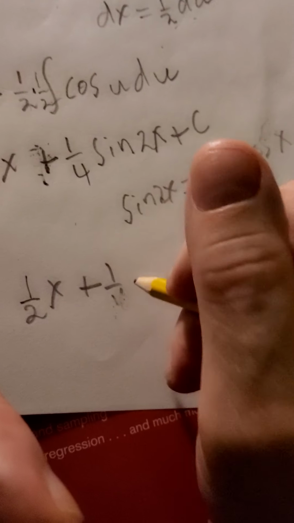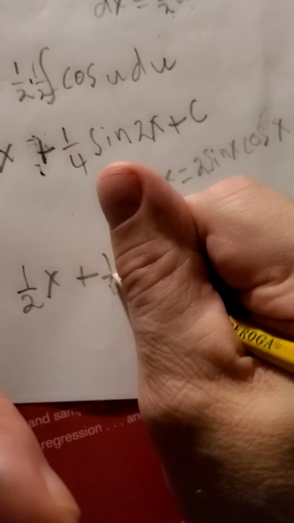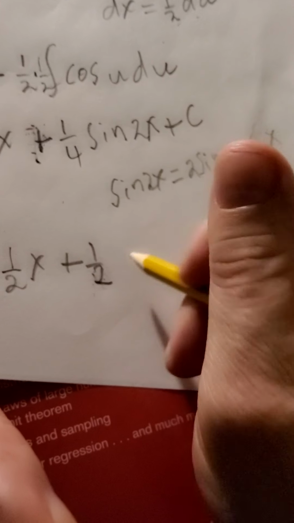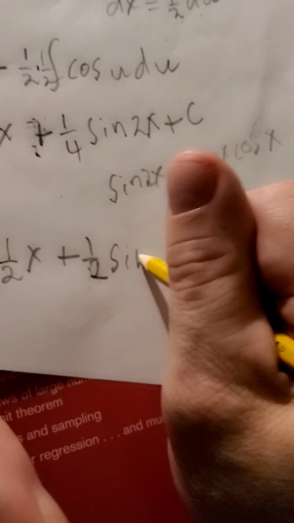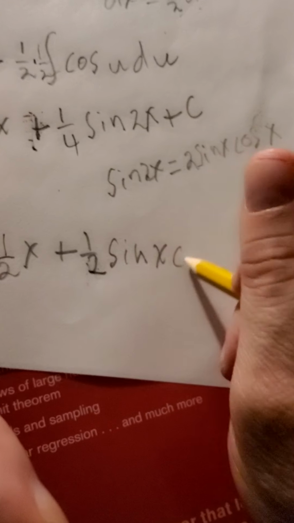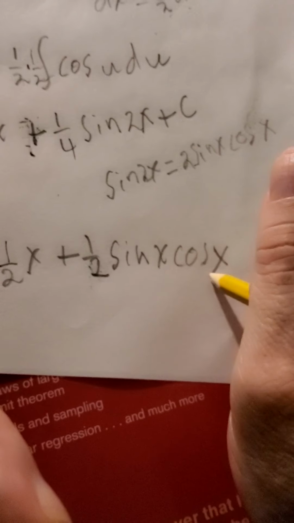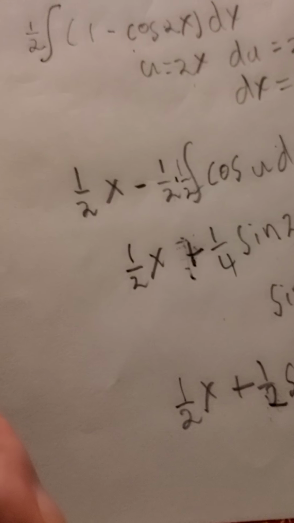So this is going to go to a half, because 1/4 of 2 is just a half. And then I'm going to have sine x cosine x. Okay, and this is what you deal with when you get into higher mathematics.